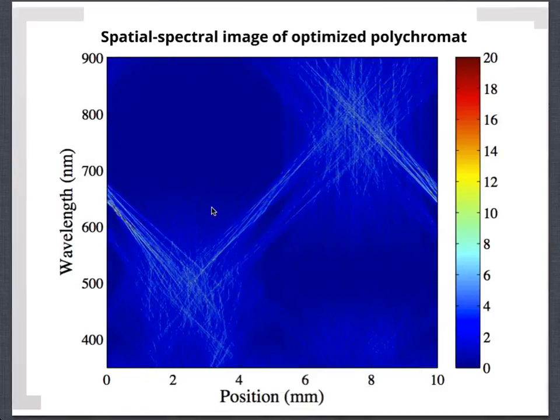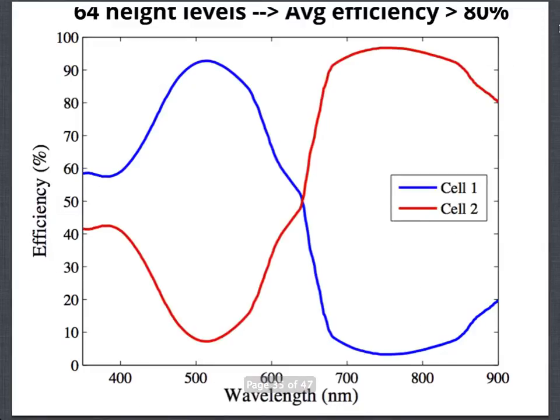Again, the spatial spectrum map shows low energy photons and high energy photons spatially separated. The average optical efficiency is greater than 80%, which was about 70% in the last case. This is because we are using many more levels here, 64 compared to only 4. The more levels you use, the higher diffraction efficiency you get.